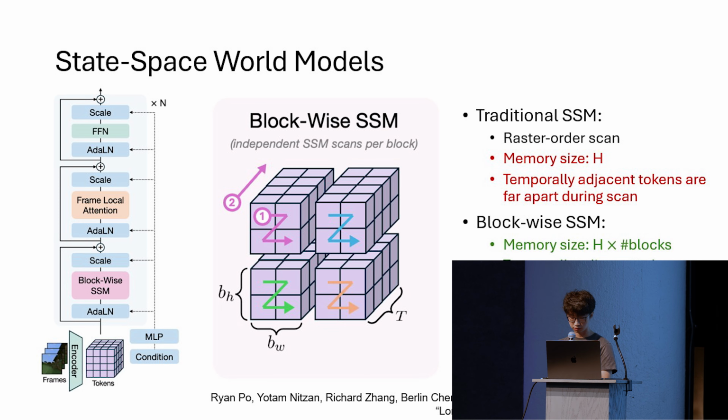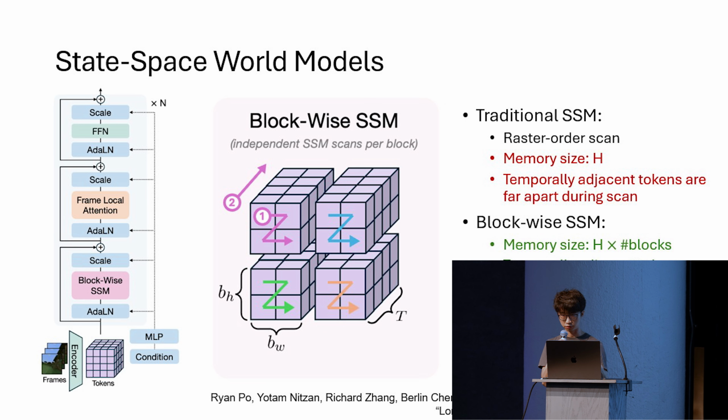And one particular thing is, usually Mamba for video would do a kind of zigzag scanning, so it will scan one frame from top left to bottom right in the raster order scan. But we found that that standard strategy is not super effective.